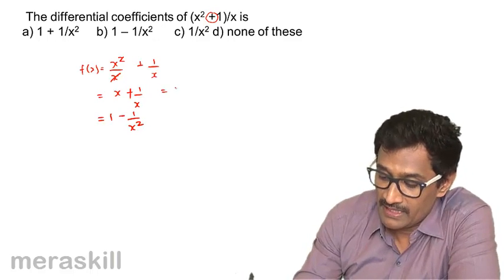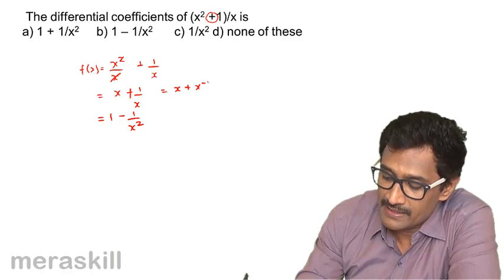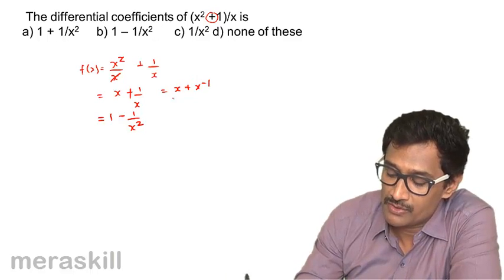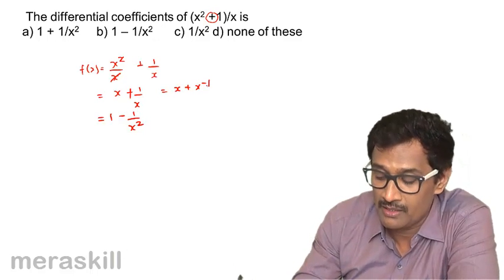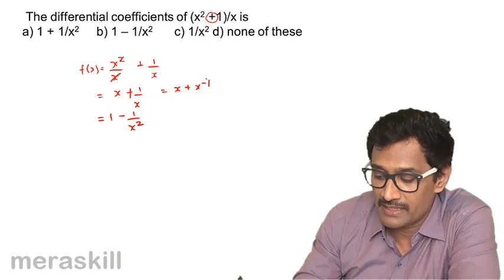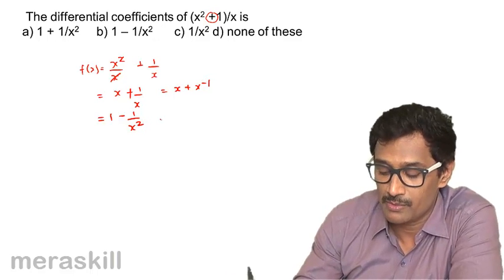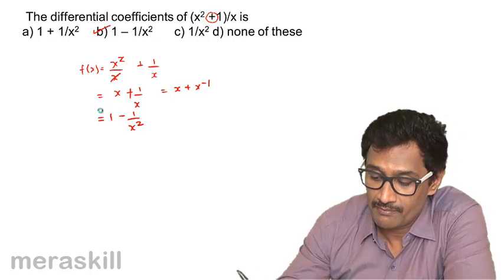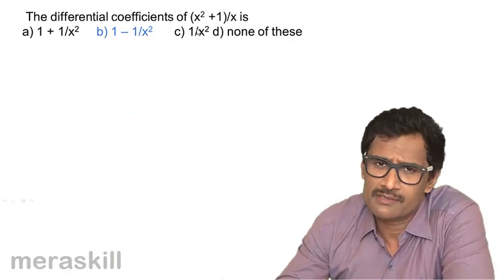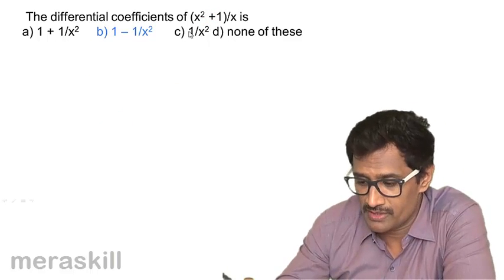We're writing it as x plus x raised to minus 1. So using n x raised to n minus 1, you get this particular answer. The derivative of this will be 1, and this will be minus 1 x raised to minus 1 minus 1, that is minus 1 by x squared. The option is D. So you can do this using your quotient rule, or you could simplify and do it.